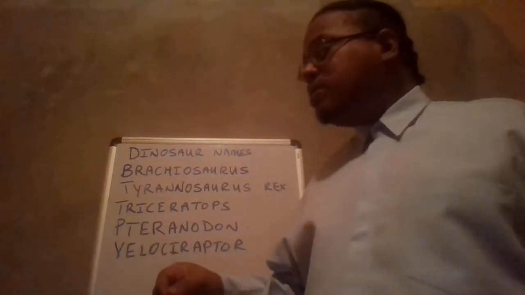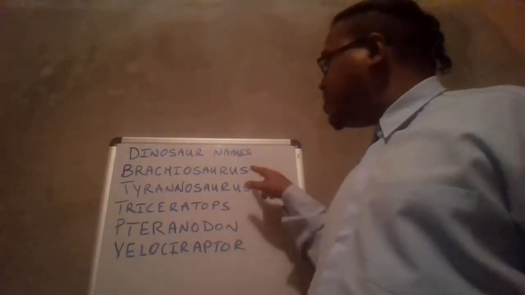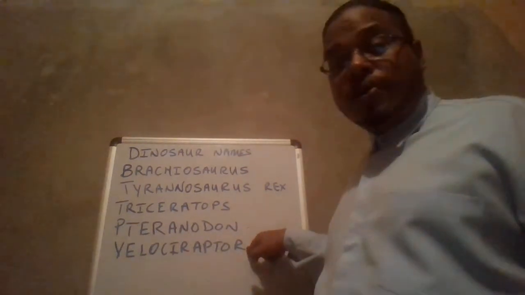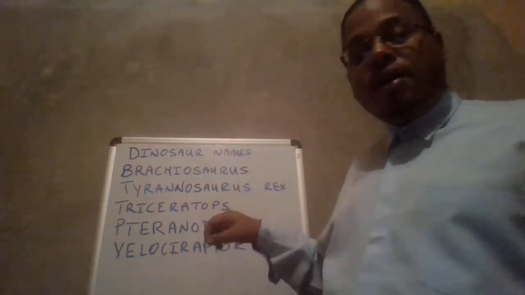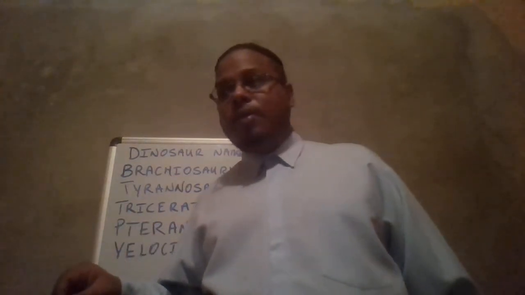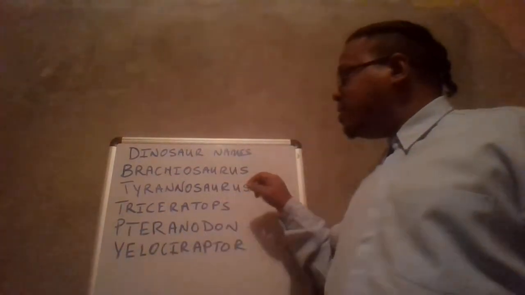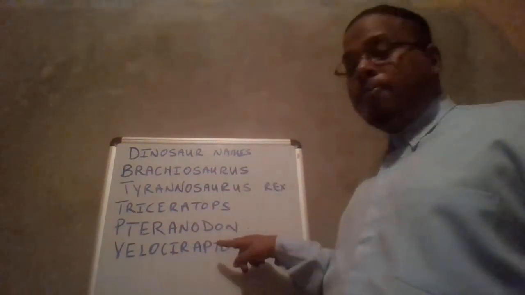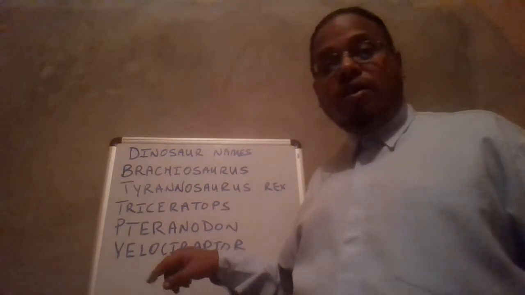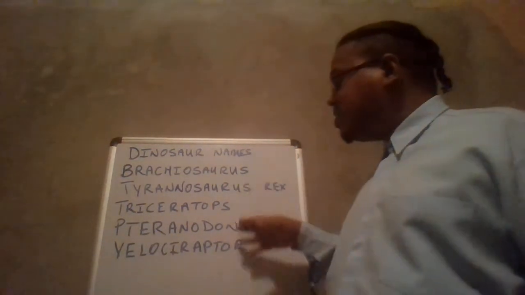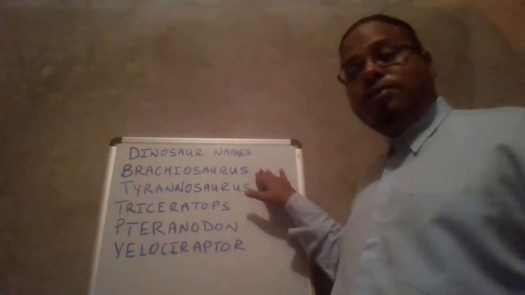So you will search for each one of these names using Google and look at each image very briefly, not too long, and then you're going to observe them and decide which one of them is your favorite. For example, my favorite out of this list would be Brachiosaurus.